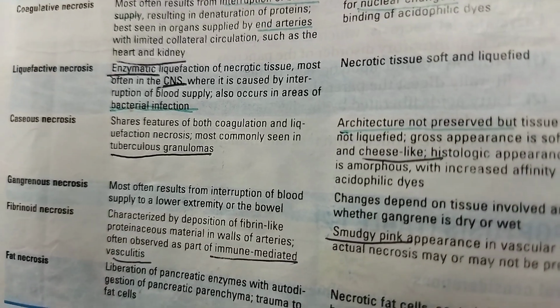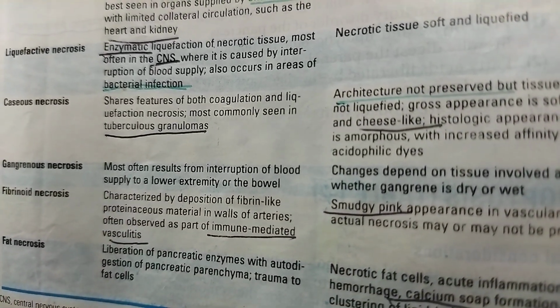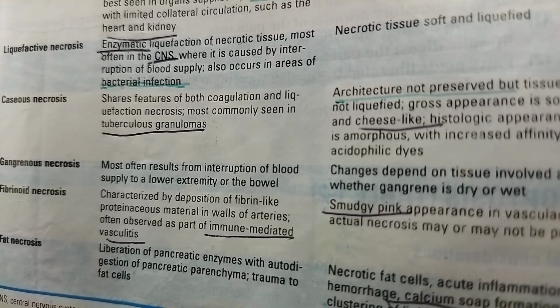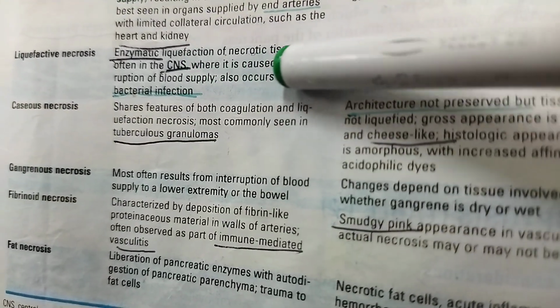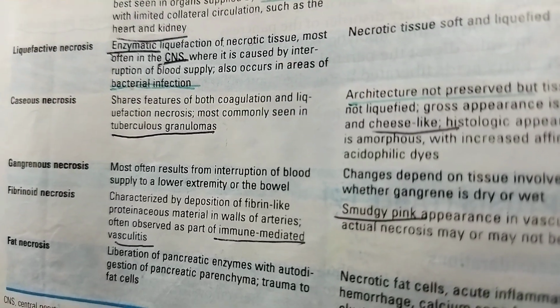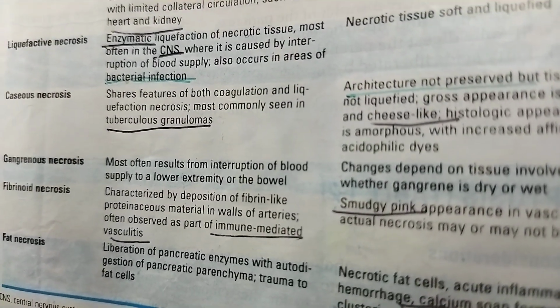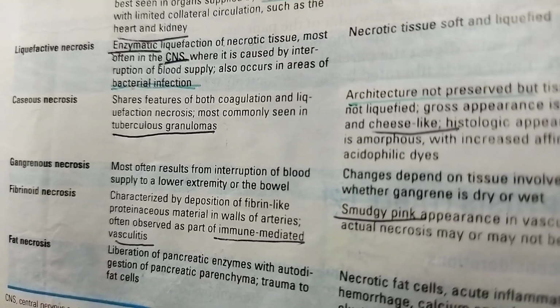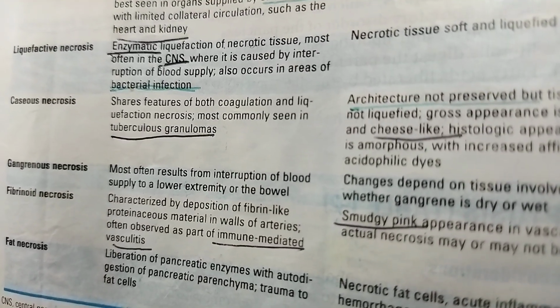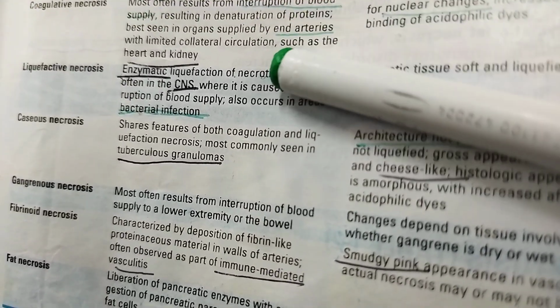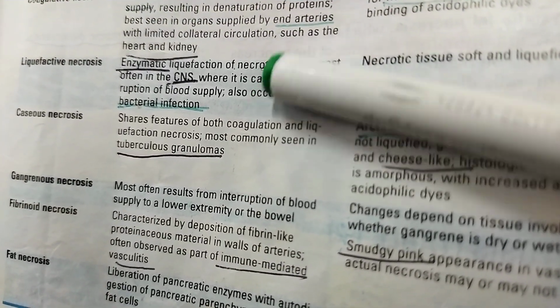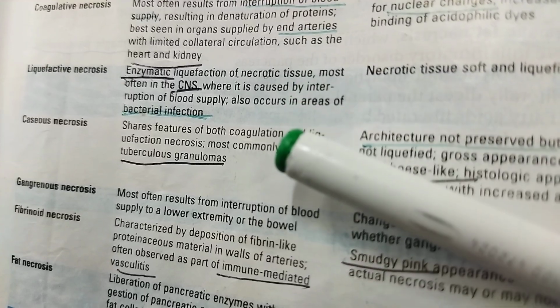Then we will see liquefactive necrosis. Liquefactive necrosis is enzymatic liquefaction of necrotic tissue, most often in the CNS. It is another MCQ. Liquefactive necrosis occurs in the CNS, where it is caused by interruption of blood supply. The common thing between coagulative necrosis and liquefactive necrosis is interruption of blood supply.